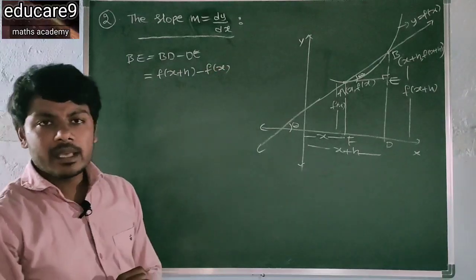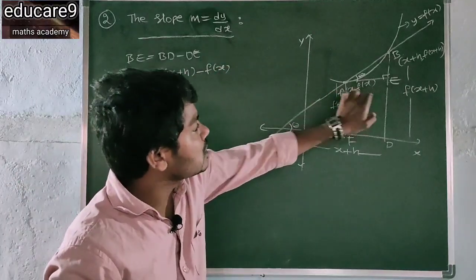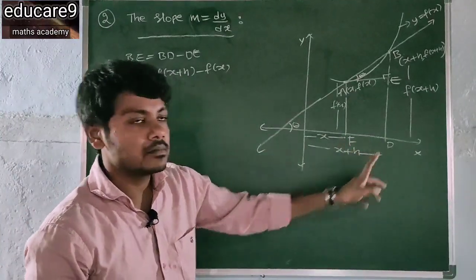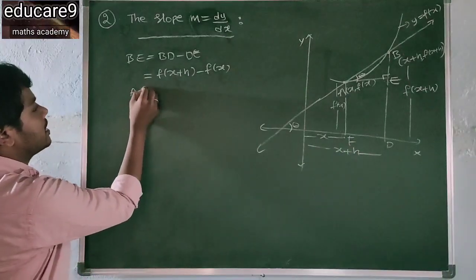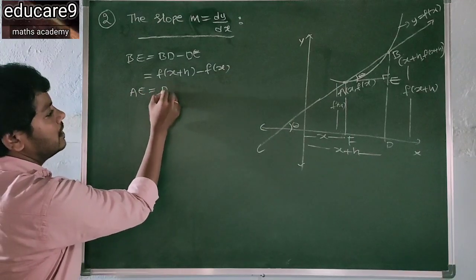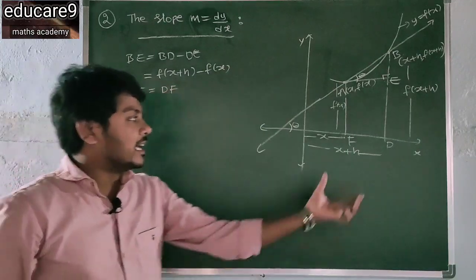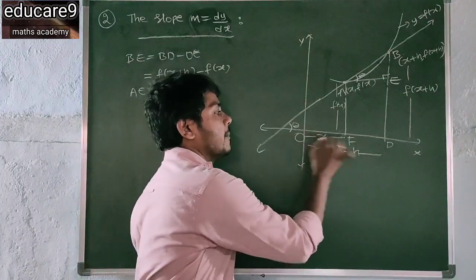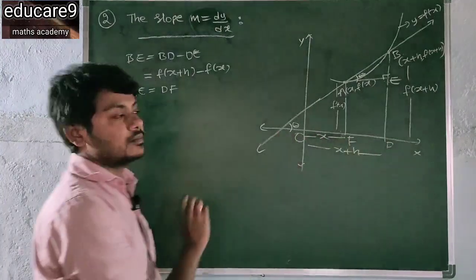And AE. So how to write AE? AE is equal to FD. So clearly this FD is written as DO minus FO.